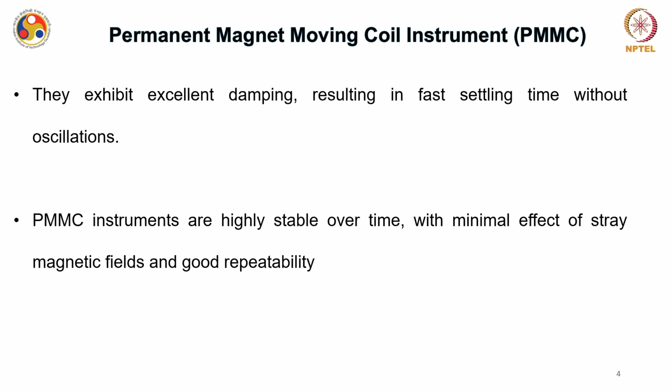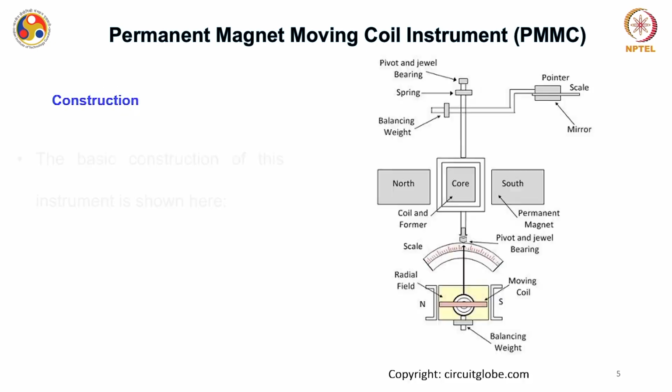These PMMC instruments are highly stable over time with minimal effect of stray magnetic fields and good repeatability. We will see what we can do to avoid the stray magnetic fields, which are usually at the edge of the poles. So, what do we usually do to avoid these stray magnetic fields in a PMMC tool?